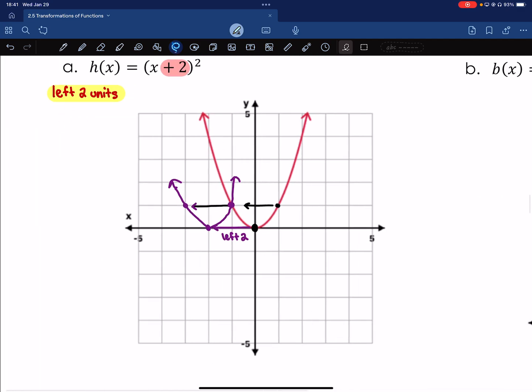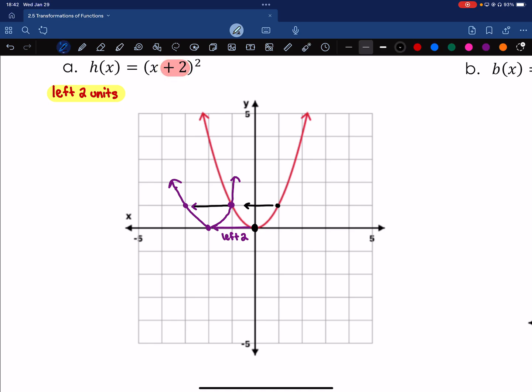So for this one, if you try to use zeros as a point to plug in, you're going to get stuff that's graphed over here, and it may not look like a quadratic. So whenever you pick a point, I would always start with whatever this x value is going to be, or the opposite of this x value.